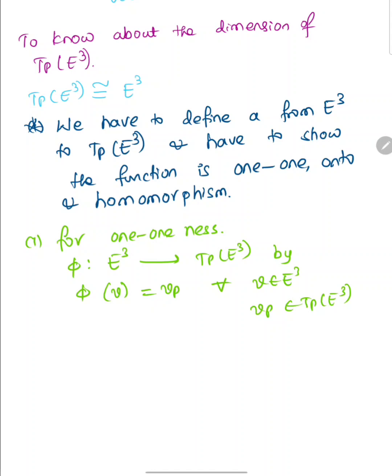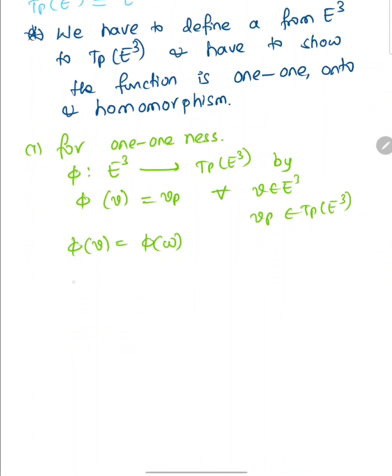Now consider pi of V is equal to pi of W. Then this is possible only when Vp is equal to Wp. So this implies V is equal to W. If this is possible, then the function is one-one.